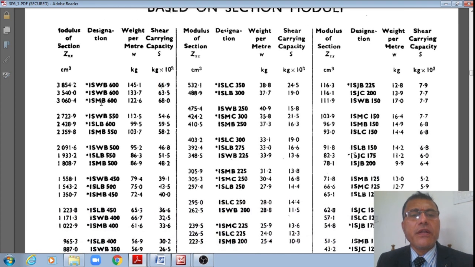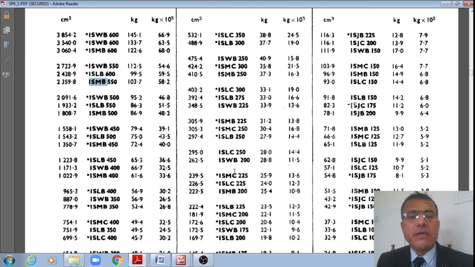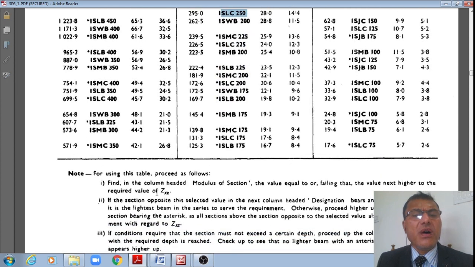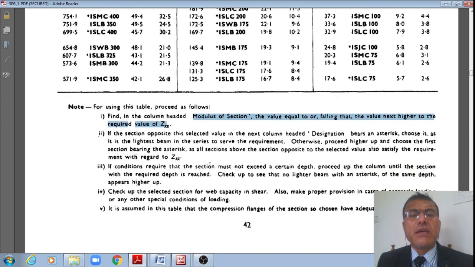Like that you can see for other sections also, right? Indian standard light weight beams, Indian standard medium weight beams, etc., even for channel sections also. However, here if you want to choose the section, you just choose the section based upon the modulus of section Zxx, and you check for the shear capacity.